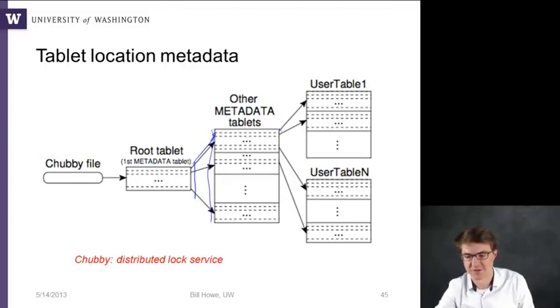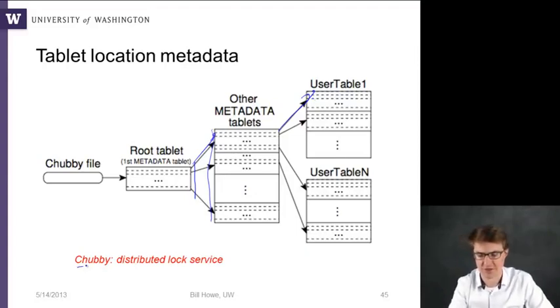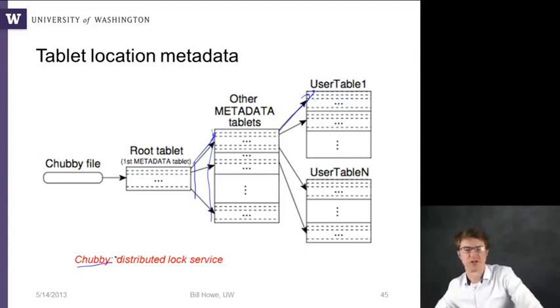And then each one of these metadata tablets gives the location of a particular user table. Okay. And so this is how you sort of keep track hierarchically of where everything is at one time. And so Chubby, that they mention in the paper, is a distributed lock service for controlling access to these things. And I'm not going to talk too much about it.